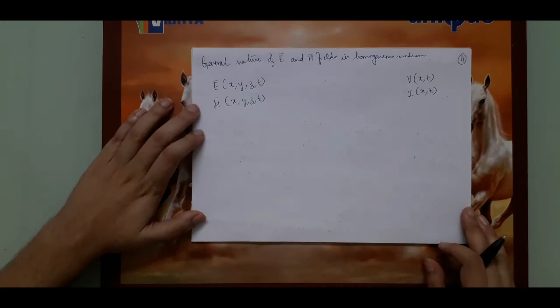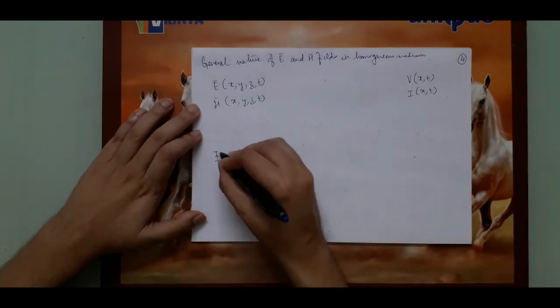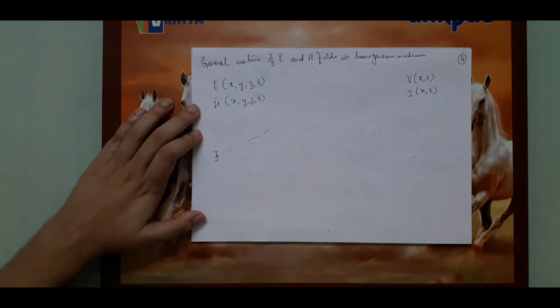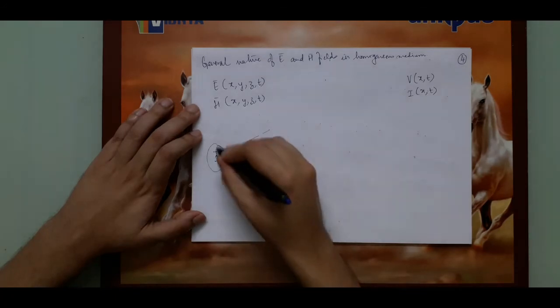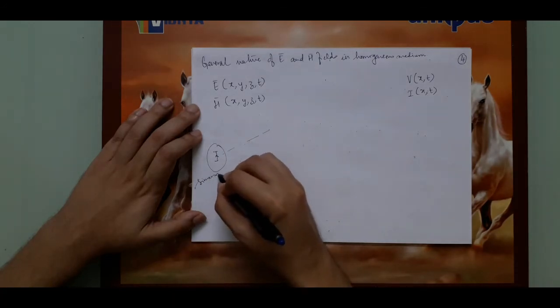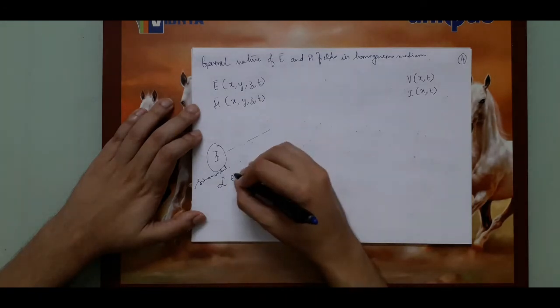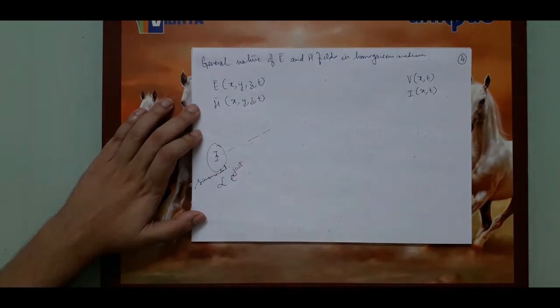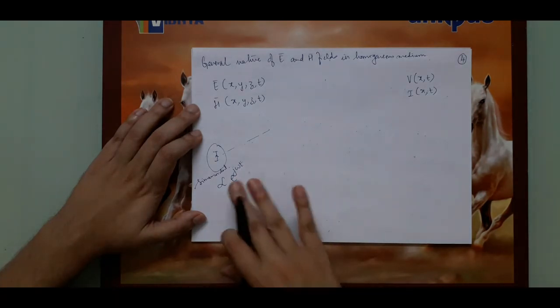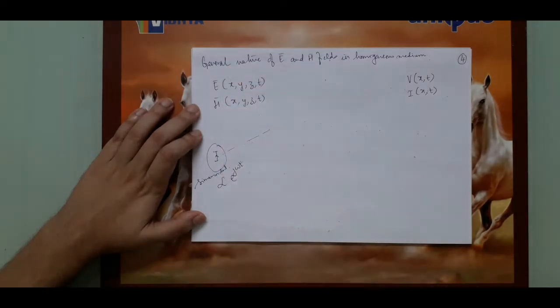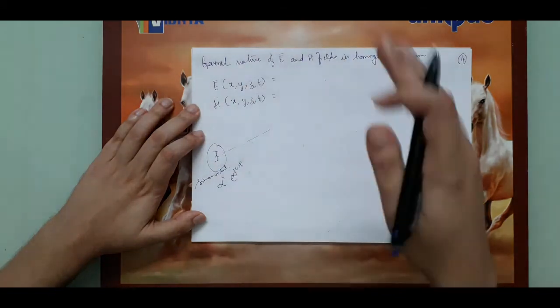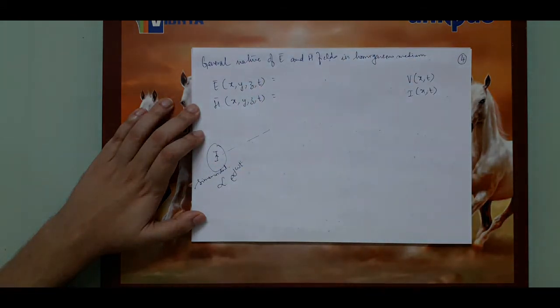Now, if we say that the current element that is producing the magnetic field, and along with that the electric field because of the time varying magnetic field, is sinusoidal, that is of the form e raised to j omega t, then I can definitely say that since the time and space variation are governed by different phenomena, in general the time varying nature of the electric and magnetic fields will also be sinusoidal.